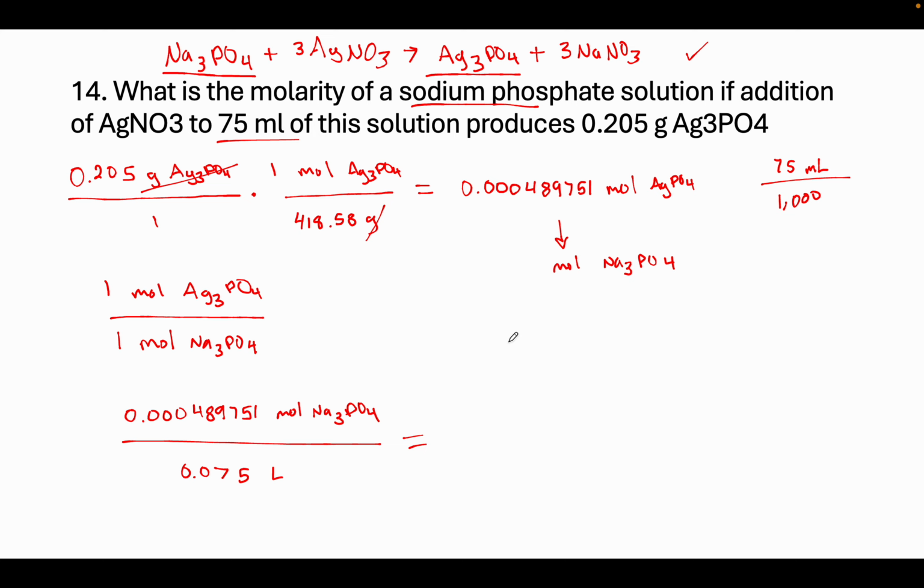So molarity is the moles divided by the liters. Let's see, 0.000489751 divided by 0.075 is going to equal our molarity.